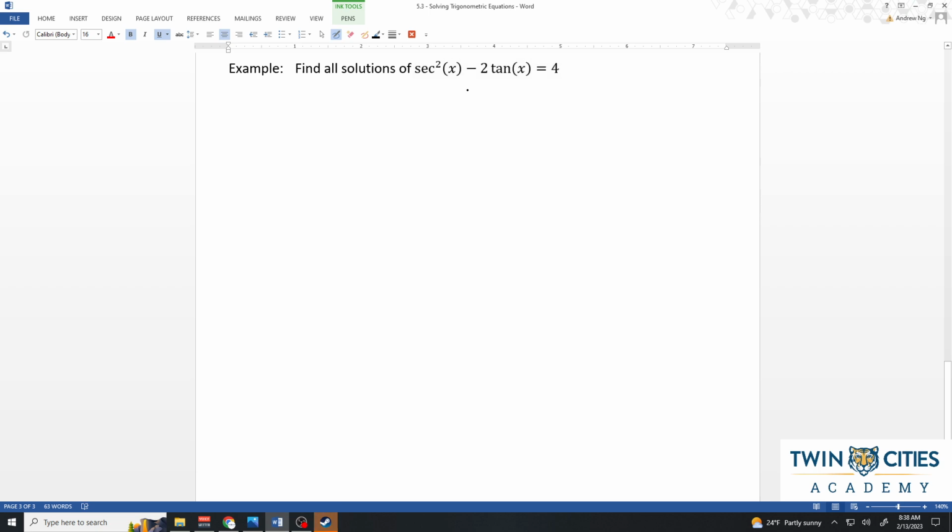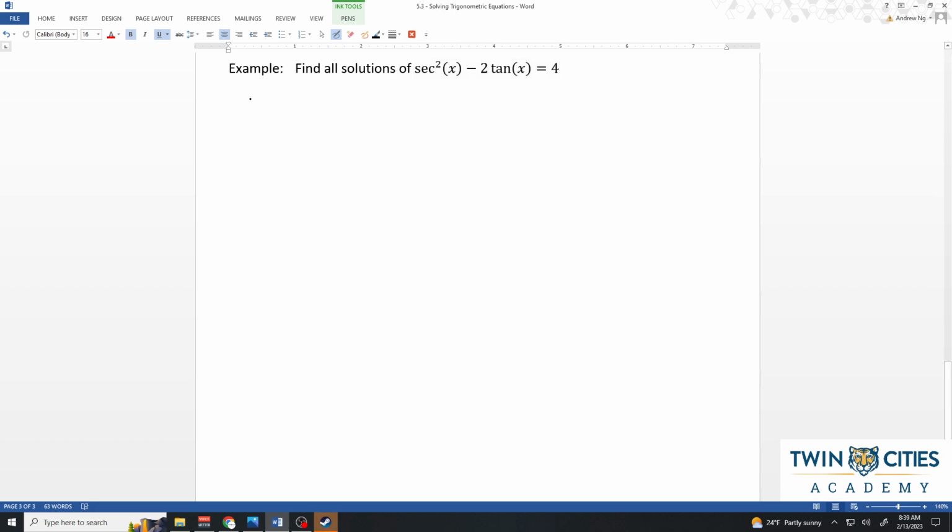The first thing I want to do is see if I can get all of this into just a single type of trig function. Right now I've got secant and tangent here. So let's see, one of my Pythagorean identities is secant squared equals 1 plus tangent squared. So since secant squared equals 1 plus tangent squared, I can replace secant squared here.